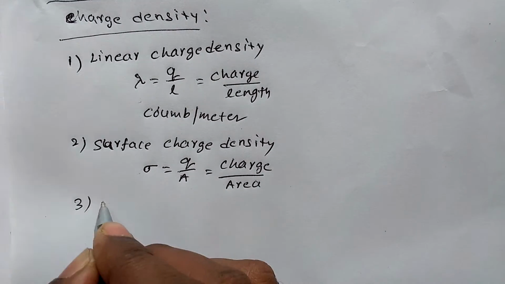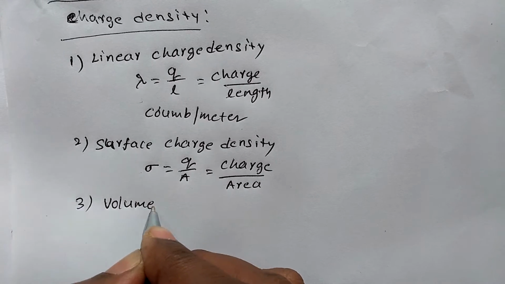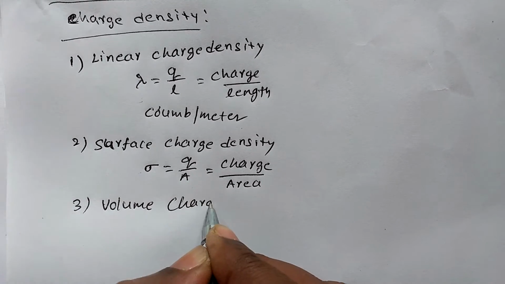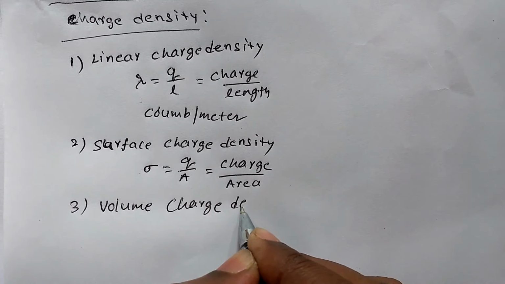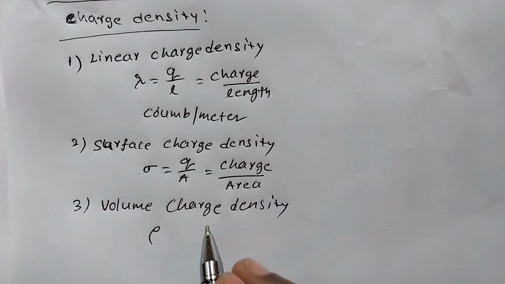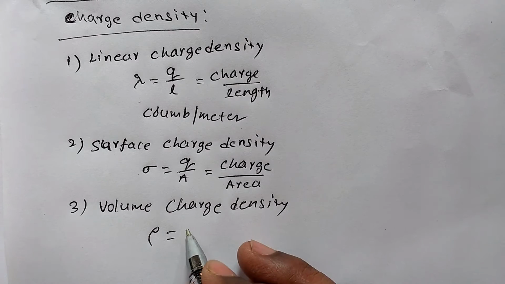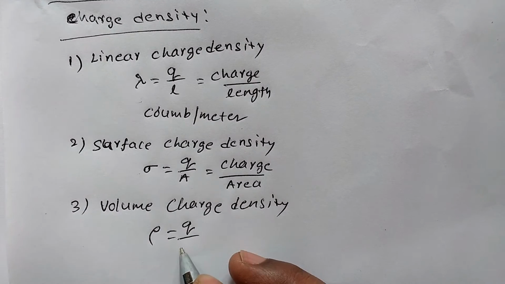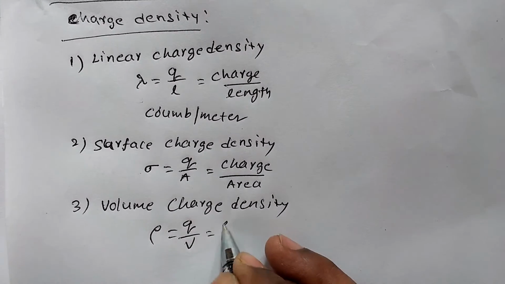And volume charge density. We represent volume charge density with the symbol rho. This is nothing but charge per unit volume.